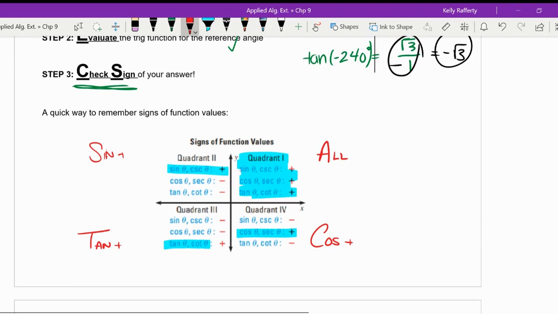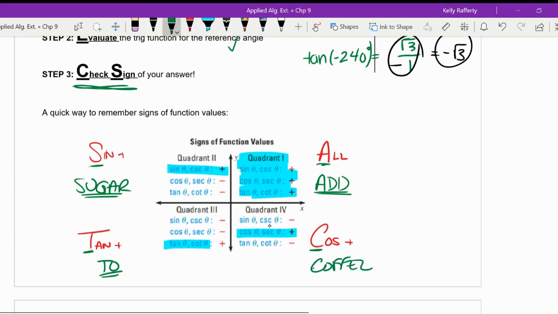There are a lot of mnemonic devices out here to remember this. To remember A, S, T, C, one way is Add for A, Sugar for S, To for T, Coffee for C. So, add sugar to coffee.